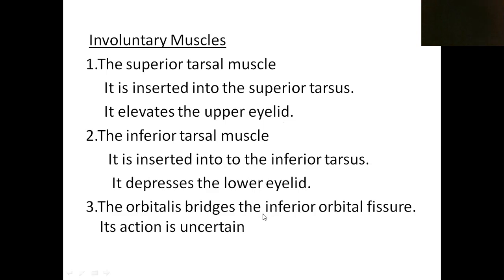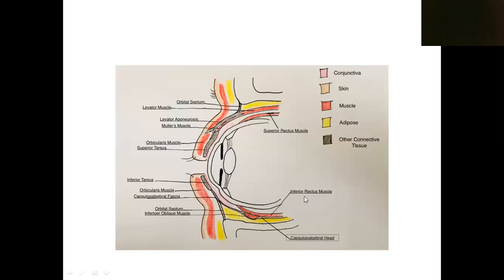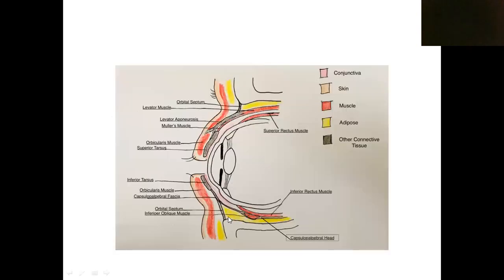And orbitalis, which bridges the inferior orbital fissure. See here, we can see the inferior tarsal muscle.